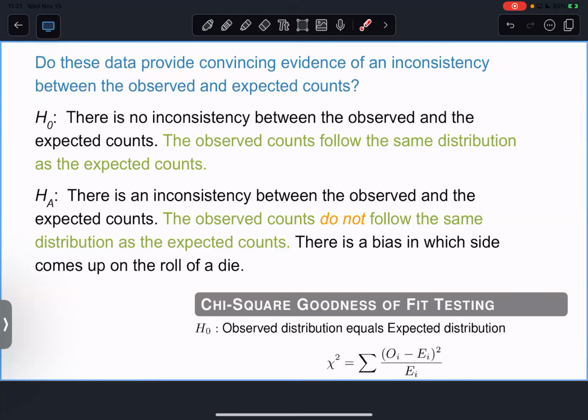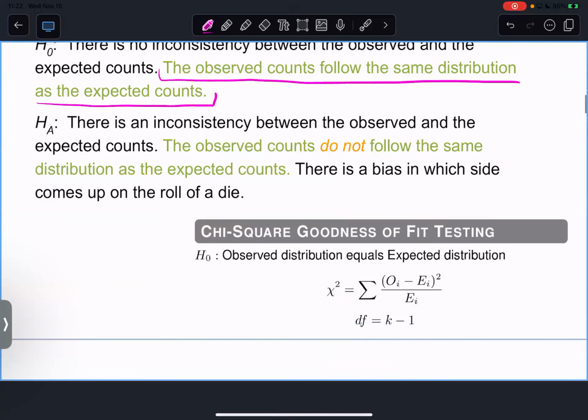In fact, I would encourage you to just say this, and that's always going to be your null hypothesis. I guess I could have written that here, but then I'm just giving it to you on a platter. That's boring.